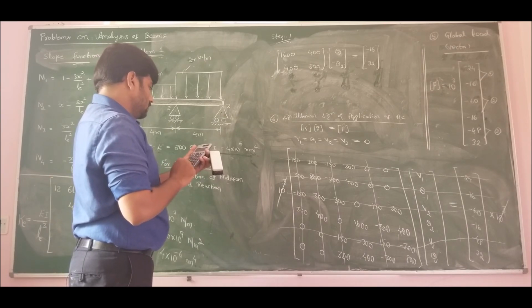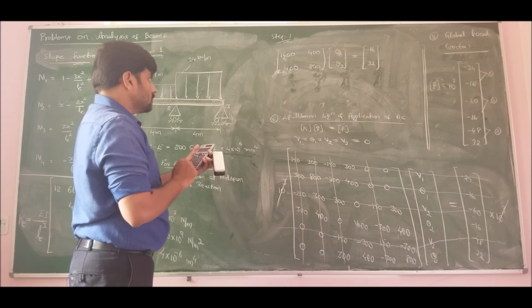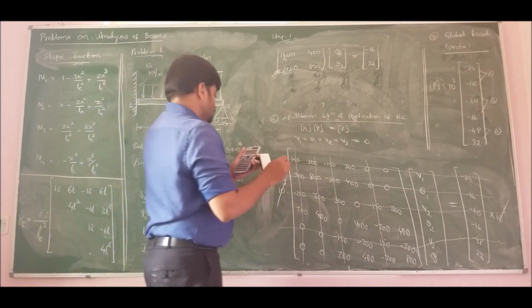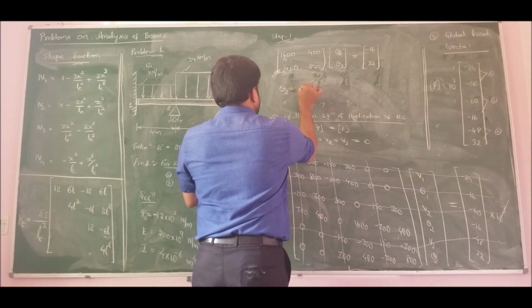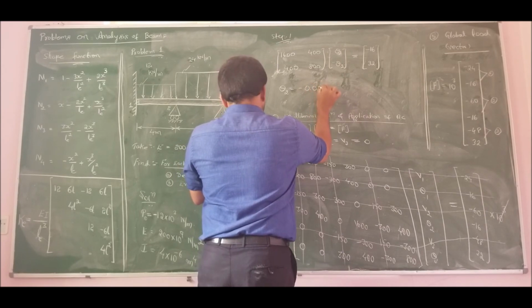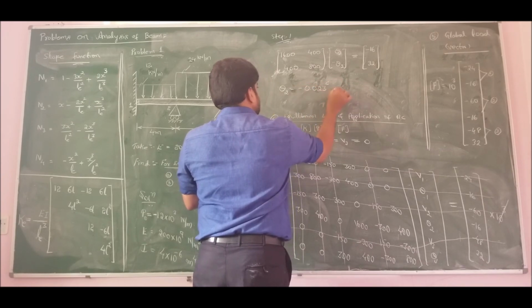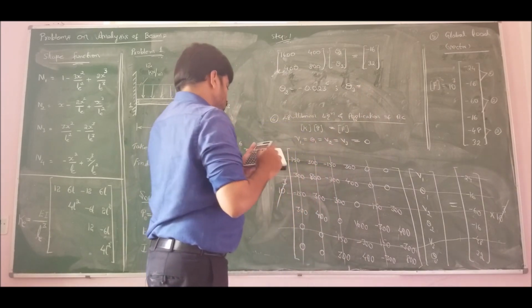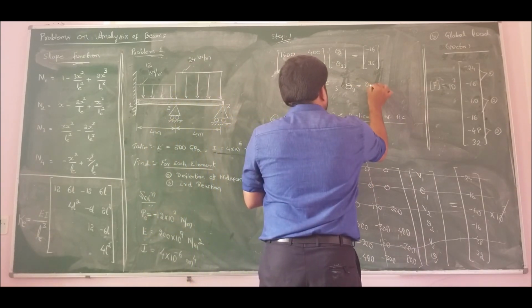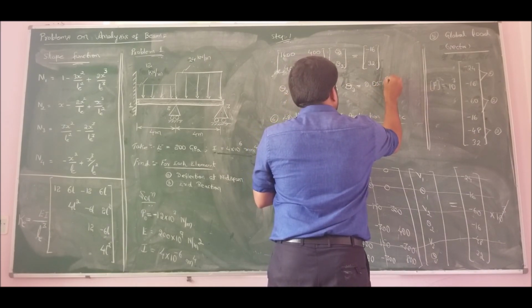If I solve, I will get theta 2 is equal to minus 0.023 radians and theta 3 is equal to plus 0.051 radians.